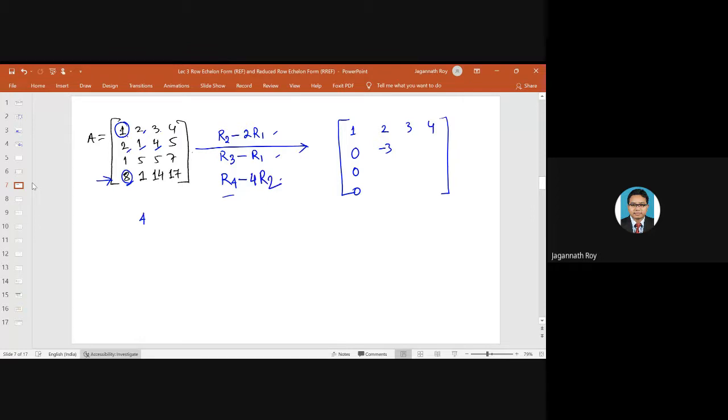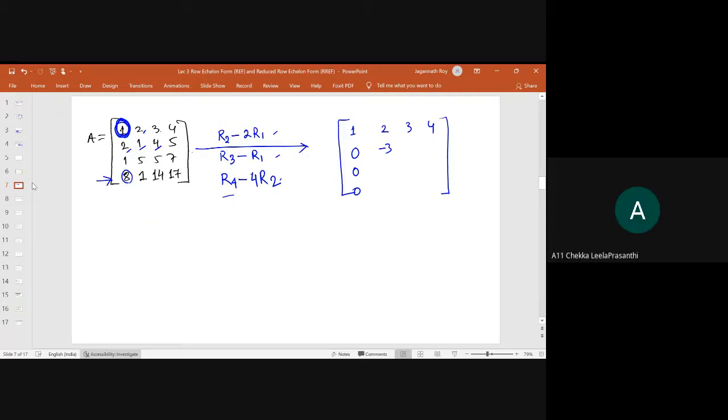Why am I writing R1? Because we have selected this row, the first row, A11, so everything we will do in terms of R1. Sorry, sir, I was talking about R2. No problem, you can do that also. If you take R2, then you have to multiply by 4.